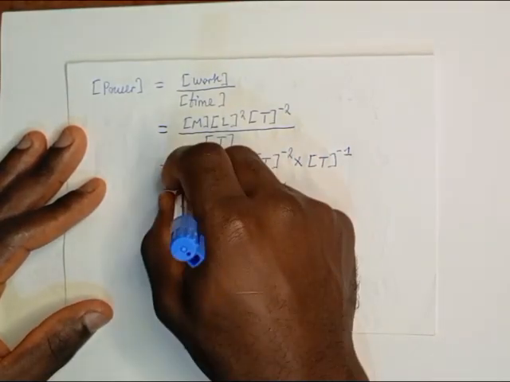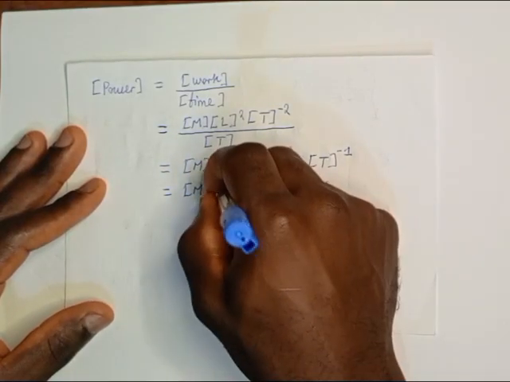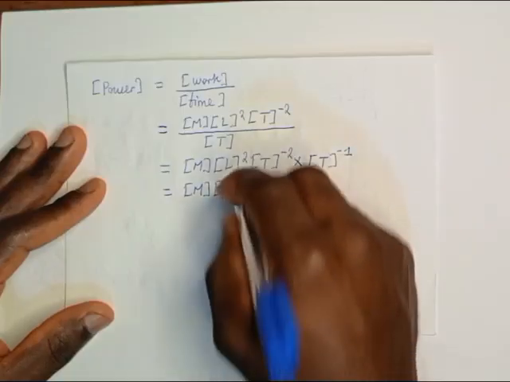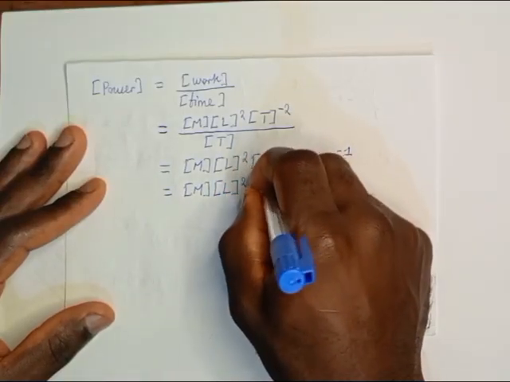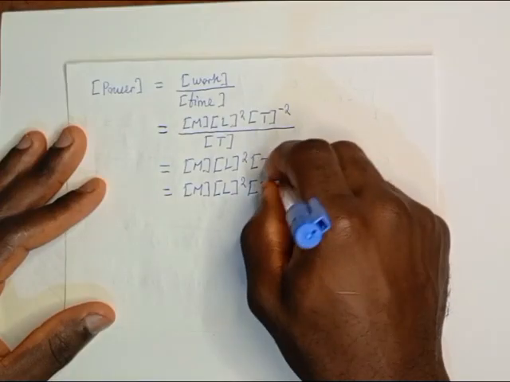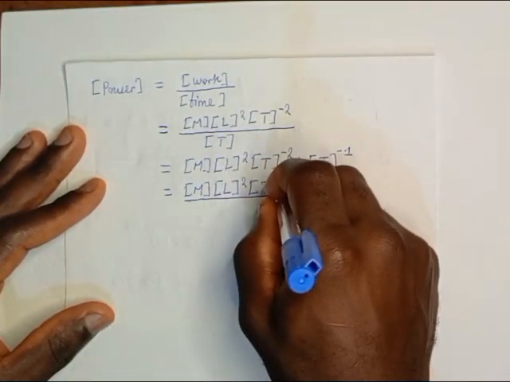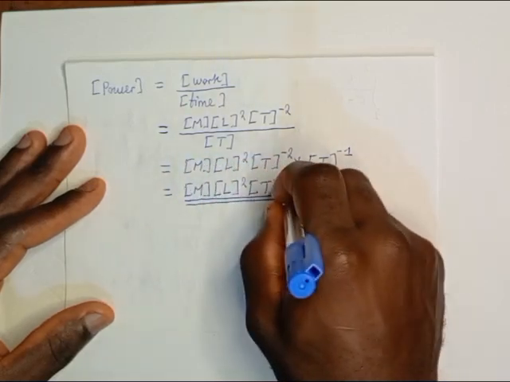This will simply be equal to M times L squared times T raised to the power negative 2 plus negative 1, which gives us negative 3. We underline the dimension of power.